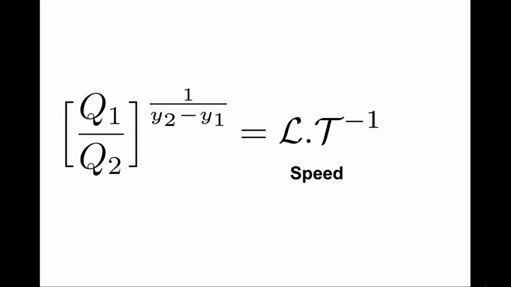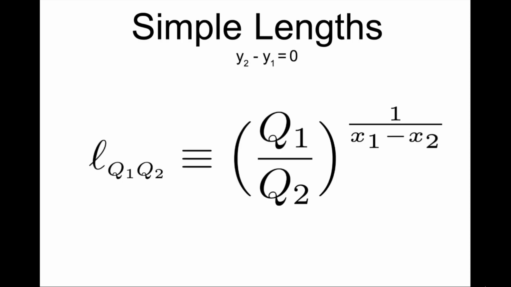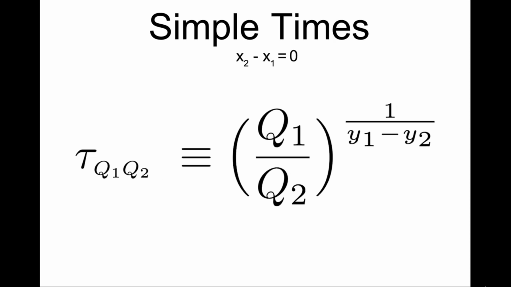So, in episode 2 we saw simple lengths for quantities on the same line, so where the difference in time exponents y2 and y1 is 0. Last episode, we saw simple times, where the difference between x2 and x1 is 0. That is, the quantities are on the same column.